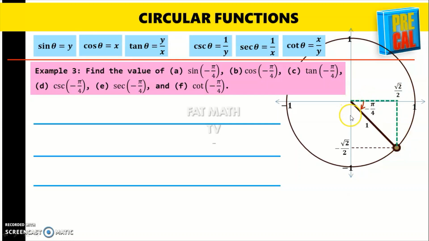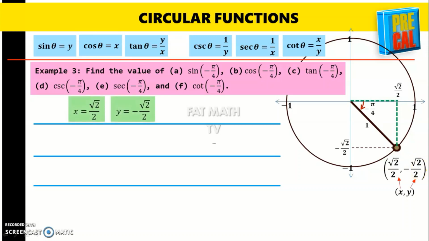So square root of 2 over 2 units from 0 going down, it's negative square root of 2 over 2. So the coordinates are square root of 2 over 2, negative square root of 2 over 2. So this is the x, and this is the y.